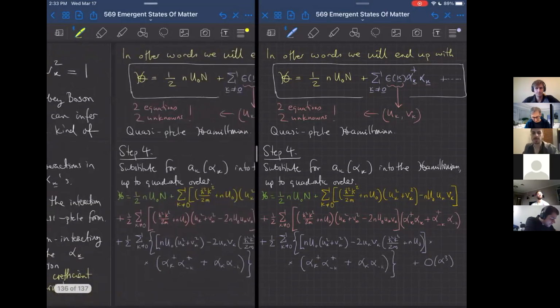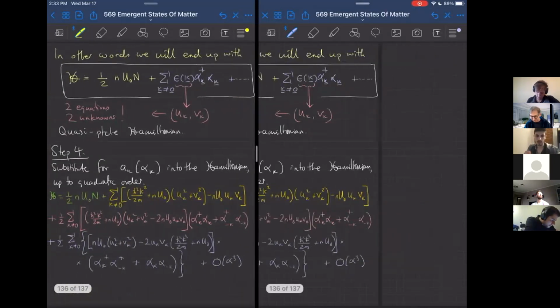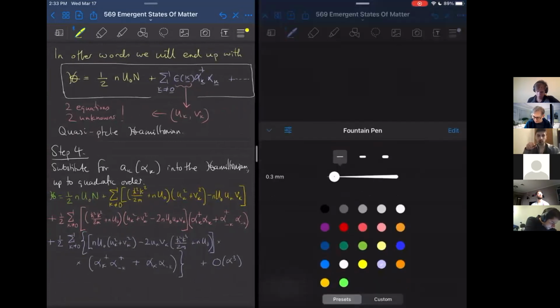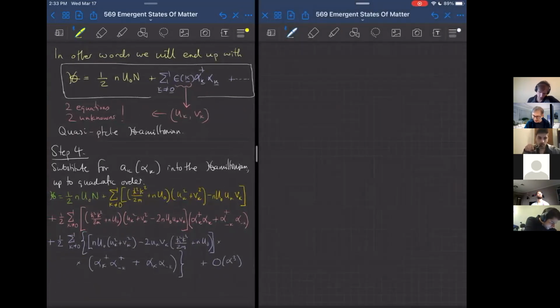All right. So now let's have a look at these terms, and so let's put them over on the left-hand side. Okay. And why don't I give these terms a name? So let's call this line A, this line B, this line C. Okay. So let's have a look at the term A. And so what is this thing?